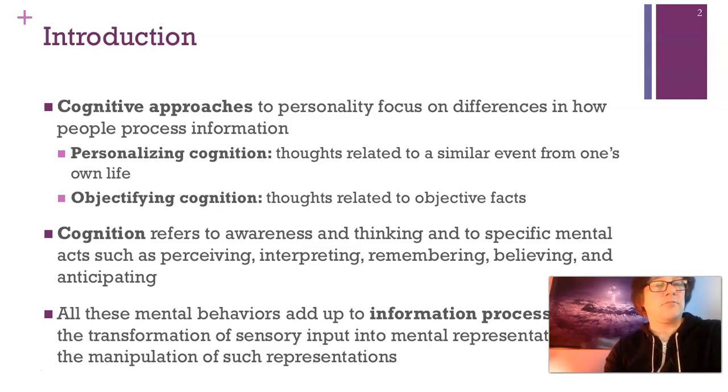When we refer to this term cognition, we're referring to awareness and thinking, and to specific mental acts such as perceiving, interpreting, remembering, believing, and anticipating. All these mental behaviors add up to what is known as information processing, or the transformation of sensory input.